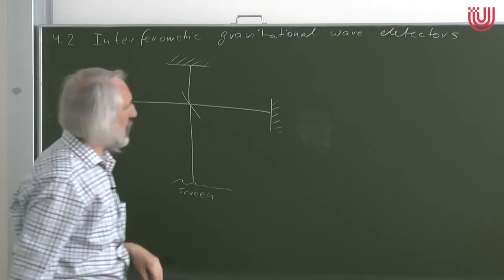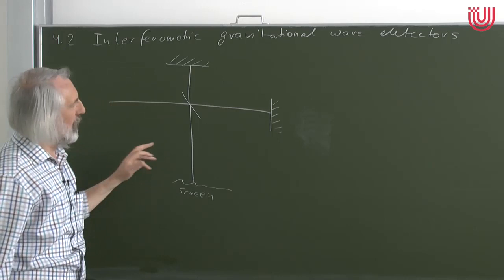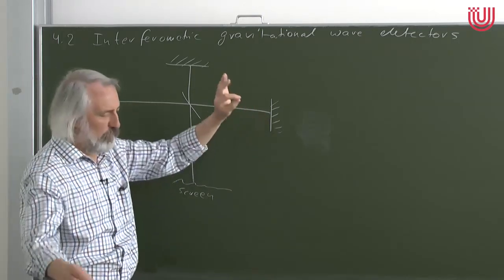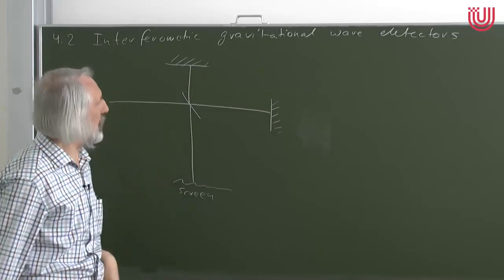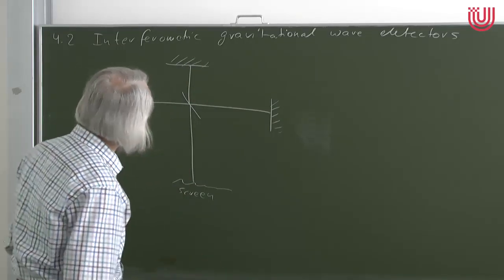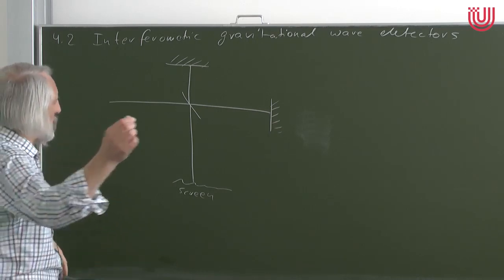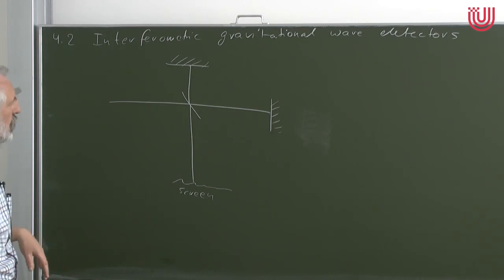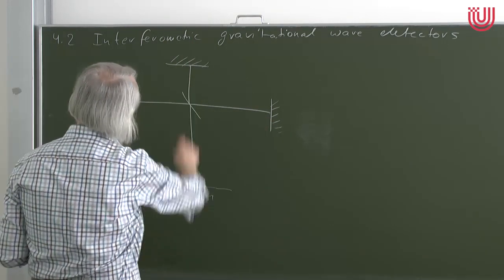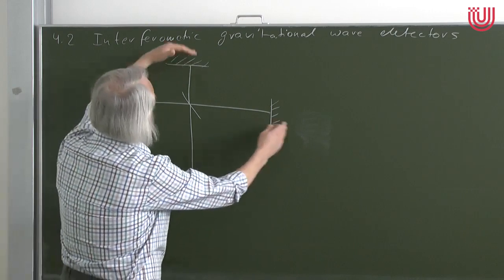This is very tricky. When you realize this, it's one of the most important technical challenges to have these things moving as freely as possible in the horizontal direction. So the suspension is a very subtle aspect of this. If this is the case, now assume that a gravitational wave does us a favor and comes in from this direction, say a plus wave, a plus mode, where this and this are the eigendirections. Then you would have a change of distance.